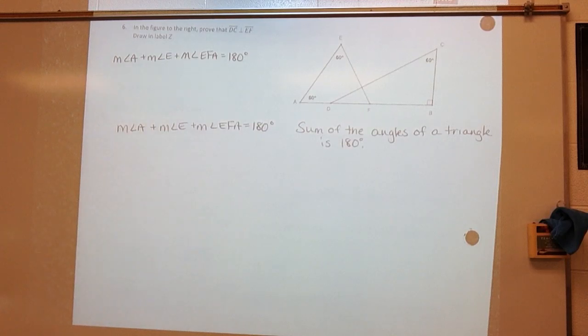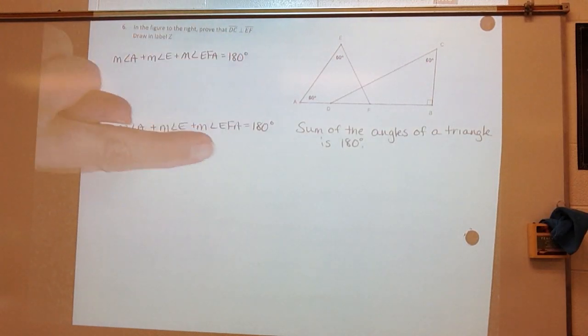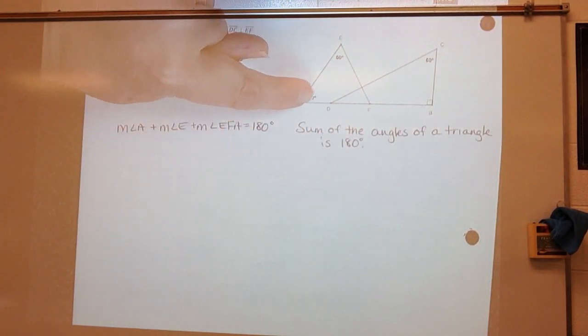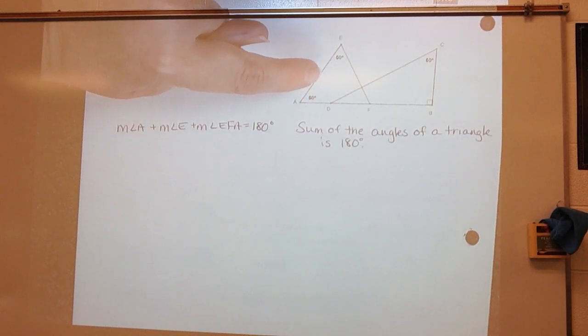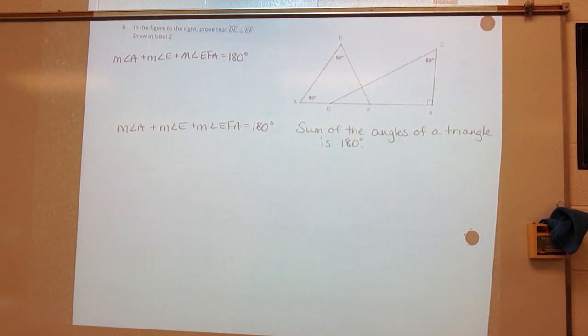All right, so now, what do I know? Well, can I figure out what EFA is? Yes, I can. Because if this is 60 and this is 60, then that's 120. 180 minus 120 is 60.